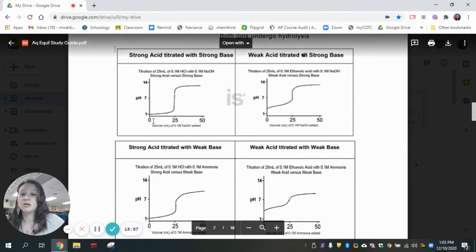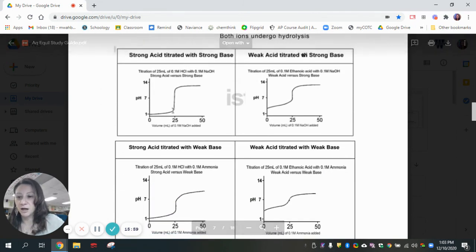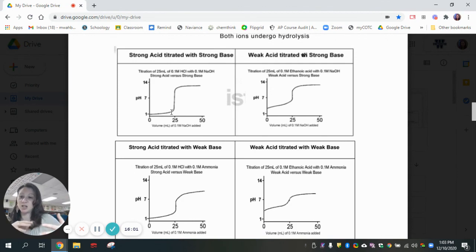But the longer this vertical line is, the more leeway you have. So for something that's strong, look at this. Basically, 1 drop of base will change the pH from like 2 to, I don't know what that is, 9 or something like that. So it's very, very vertical. And so any indicator that will change colors in any of that vertical region will be okay to use.